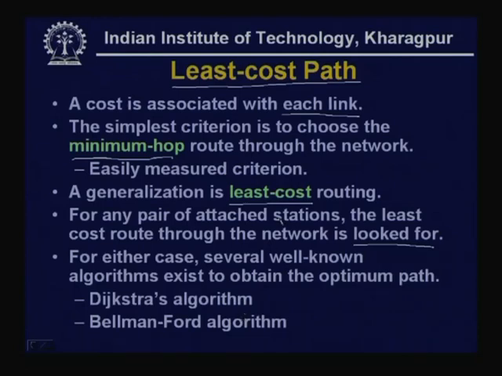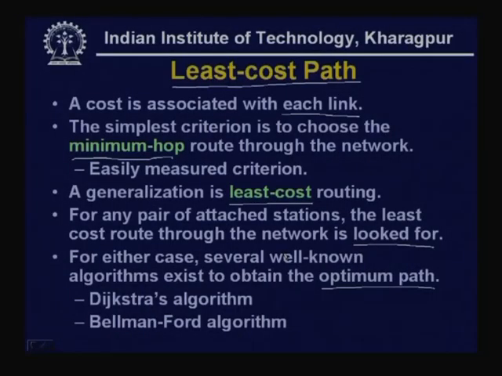For this, several well known algorithms have been developed to obtain the optimal path. These two algorithms are very popular, Dijkstra's algorithm and the Bellman-Ford algorithm. These two algorithms are quite similar and their performance is also similar.